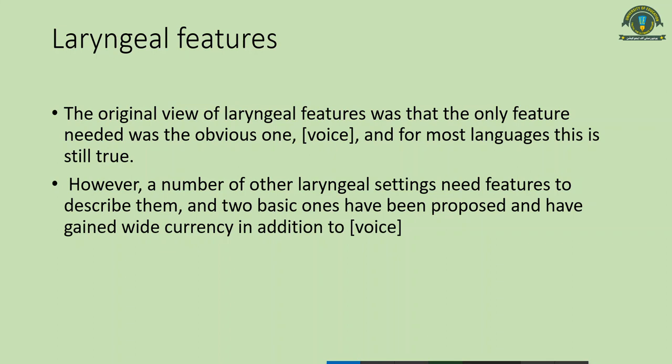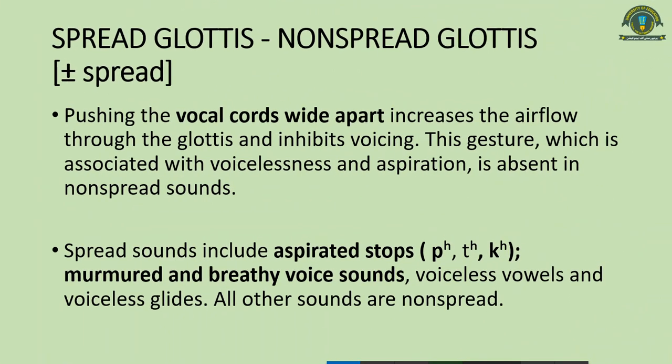So the original view of laryngeal features was that the only feature needed to describe laryngeal feature was voice. Later on, some more features were added, but generally we discussed the feature of voicing in the laryngeal. The first one is plus minus spread glottis or non-spread glottis.